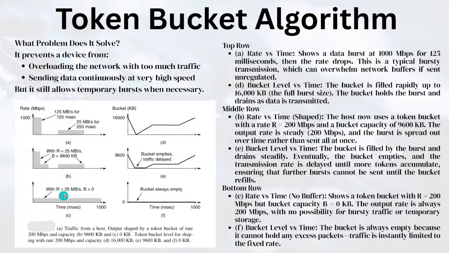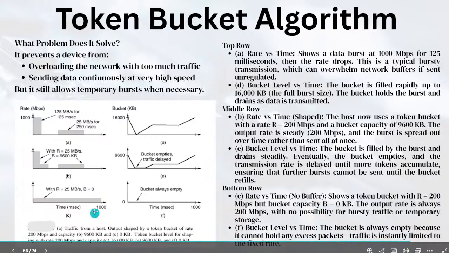In the bottom row, rate versus time, here we can say there is no buffer. It shows a token bucket with rate R as 200 Mbps, or 25 Mbps. It's again a printing mistake, it's 25 Mbps. But the bucket capacity B is equal to 0.